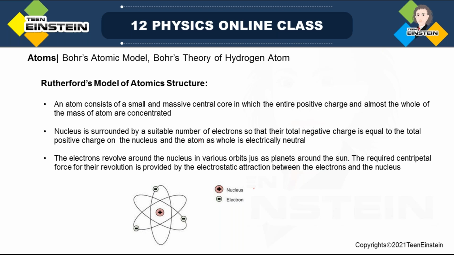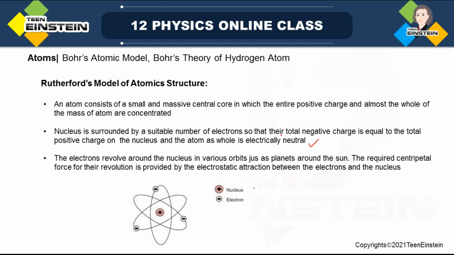Okay, and the atom as a whole will be electrically neutral. So this is the second postulate. How electrons were distributed, how positive charge in the nucleus was distributed, this is what was explained here. So Rutherford states that the nucleus is surrounded by a suitable number of electrons, so that the atom will be electrically neutral.